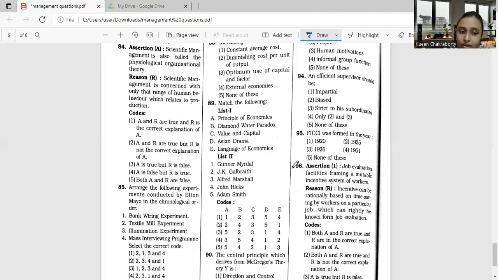Thus, more attention is required towards the standardization of working methods. That is what the scientific management group has done. So accordingly, I can conclude that question number 84 answer is 1. That is, A and R are true, and R or reasoning is the correct explanation of the assertion. Okay, so 1 is the correct answer.